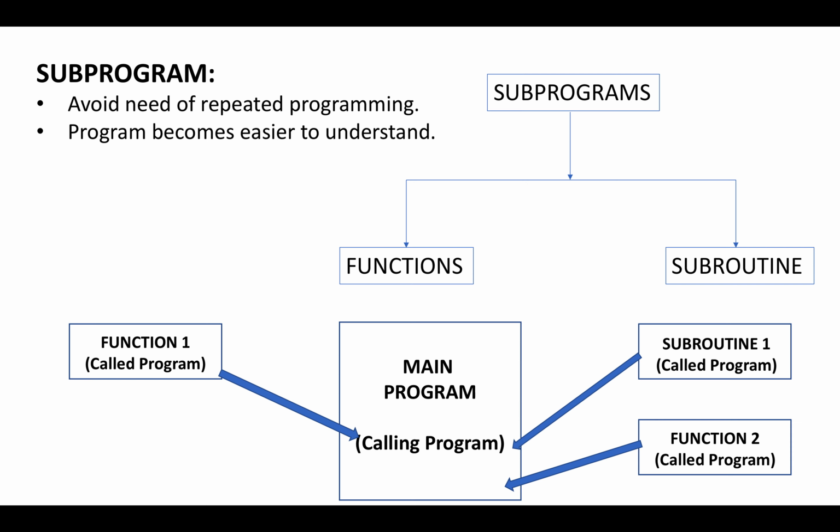This block diagram shows the concept of subprogram. In the middle we have a main program. I label it as main program or calling program, and on the left and right-hand side of this main block we have function 1 subprogram, function 2 subprogram, and subroutine 1, called by the main program.